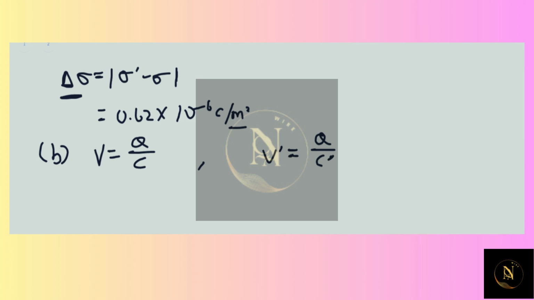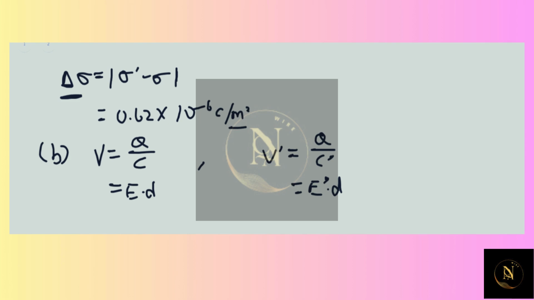And V also equals E times D. So for this one, this equals E prime times D. So E here labels the electric field between two plates, and the separation is the same for the two capacitors.